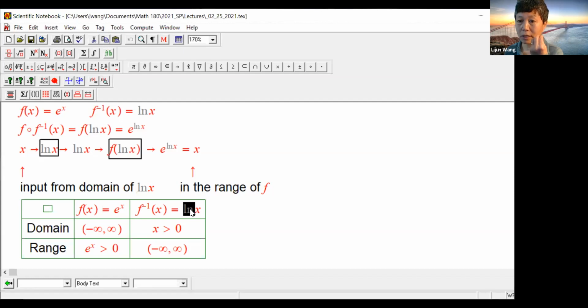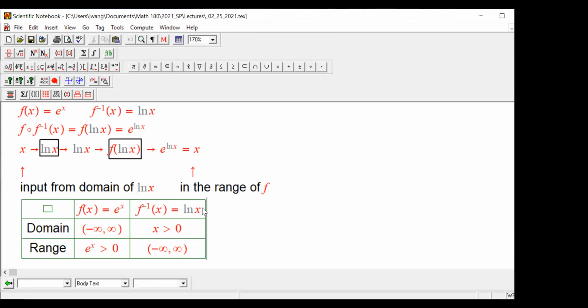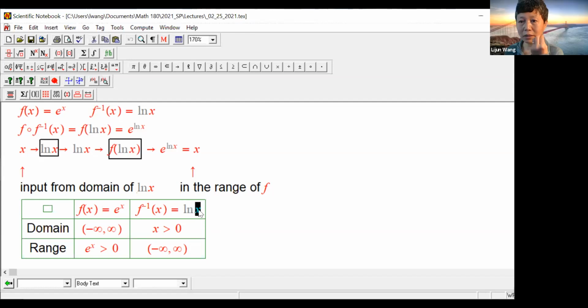You probably should write it down. This x has ln applied, ln is the rule. So x must be positive, greater than 0, so that rule can be executed. It comes out as ln x.